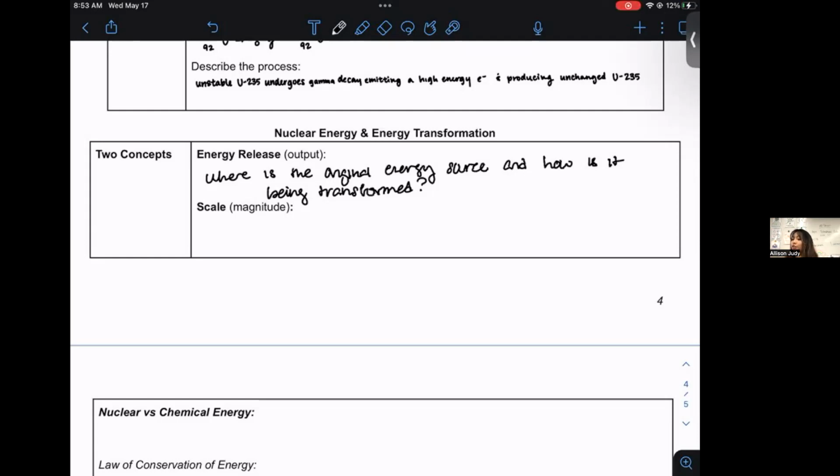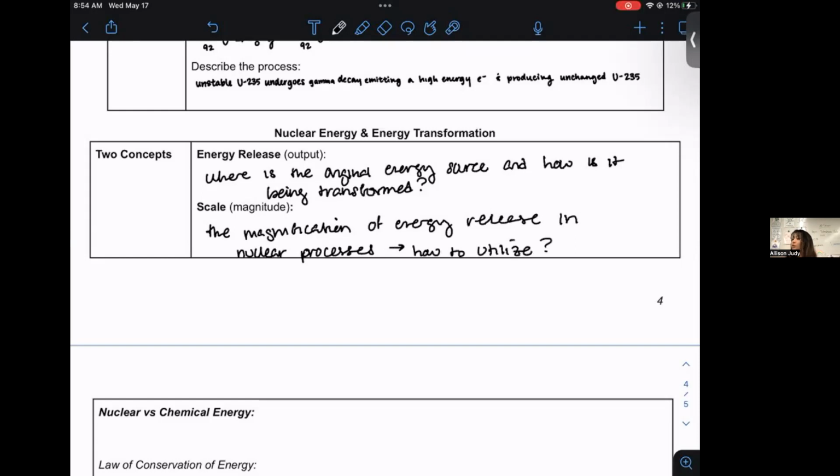And now we're particularly applying it to the magnification of energy release in nuclear processes. We're trying to figure out how does something so small as a source create such large amounts of energy? And then how do we use that? And then I guess the next thing is how to utilize it.